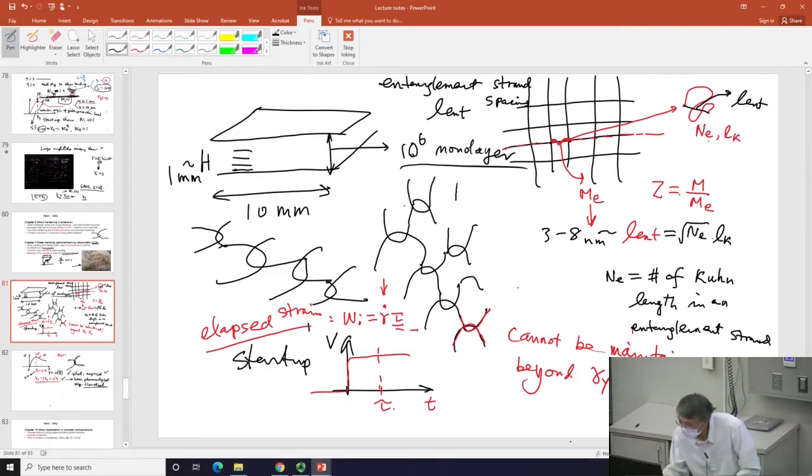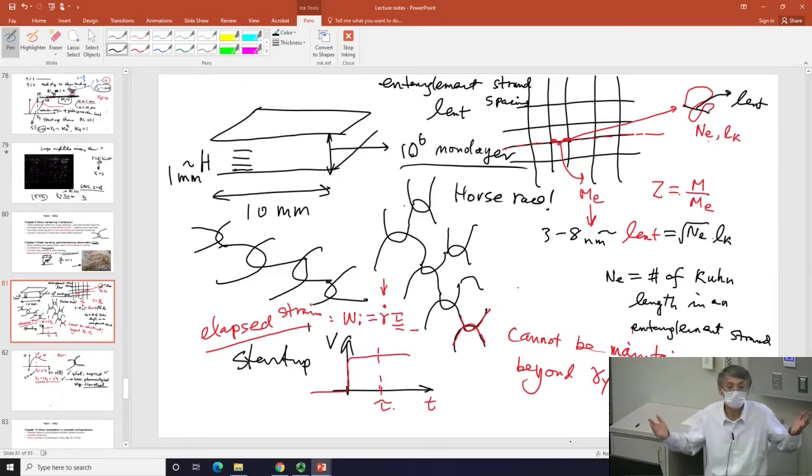that there could be a horse race. And last time we analyzed the horse race. One horse wins, which is one monolayer disentangles, that produces a slip called internal slip. And we can evaluate that slip.